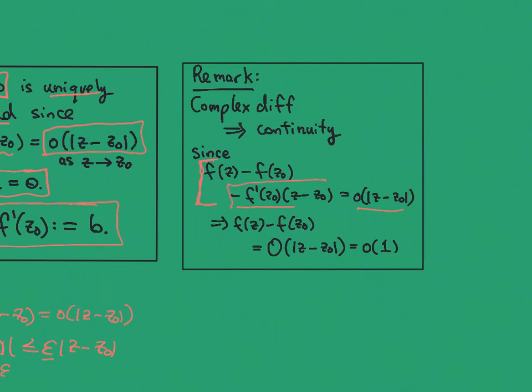Okay, but this part here is big O of z minus z naught, so you get that f of z minus f of z naught is big O of z minus z naught. And this in turn is little o of 1 because you can make this arbitrarily small as z goes to z naught. Next, let's define holomorphic functions.